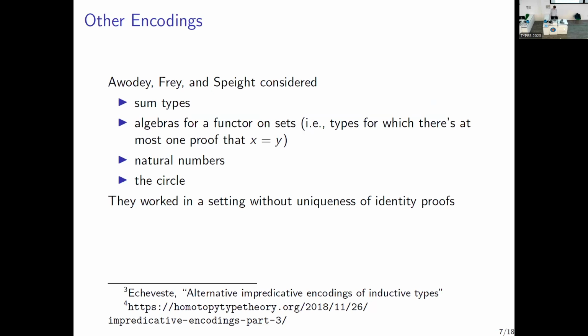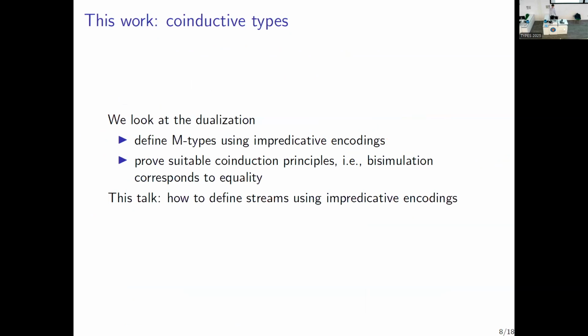This is a bit annoying, but there was another master student, Xavier Sylvester, I don't know how to pronounce his name, supervised by two more members of his audience, Benno and Daniel, who said, okay, we can actually do better and get rid of this truncation assumption. But I shall not be talking about this.